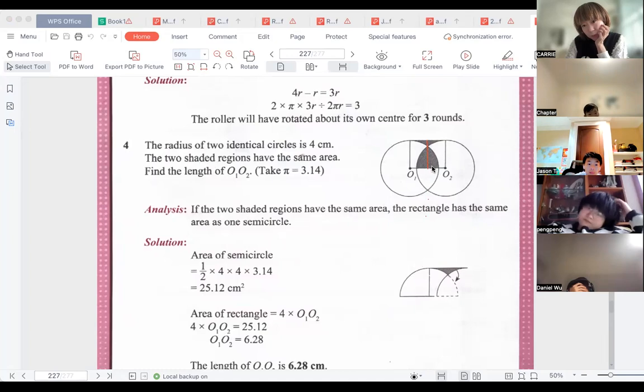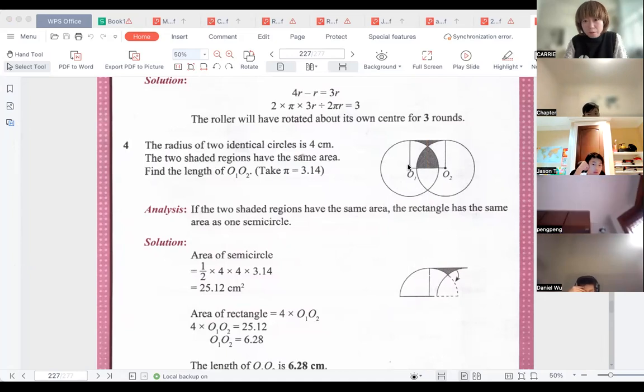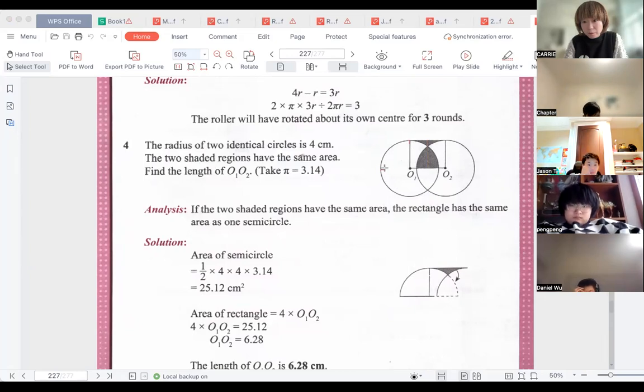So we can just put, if this one and this one are the same, so the area of the semicircle is what? Let's just find out the semicircle first. Okay, this one's better. Okay, so let's take a look at this one.